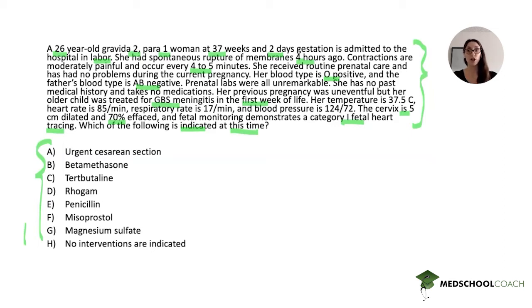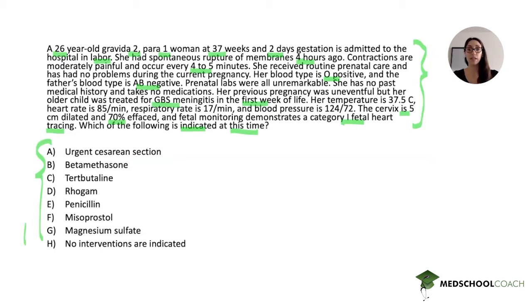Now, if you're not sure what jumped out at you in the stem as being the abnormal component, then it's important to work through the answer choices and eliminate them one by one. So let's do that scenario and use process of elimination to get the correct answer here. So A, urgent cesarean section.